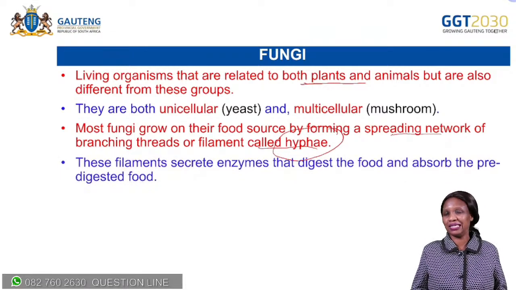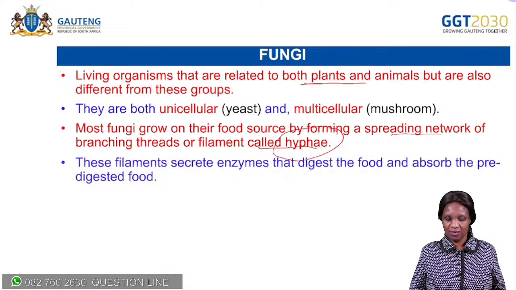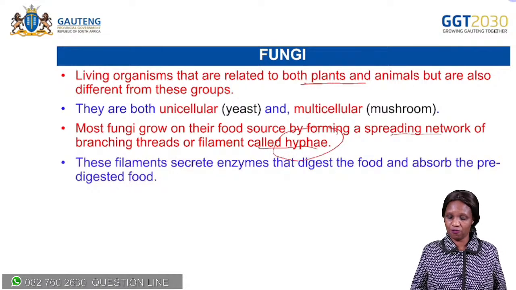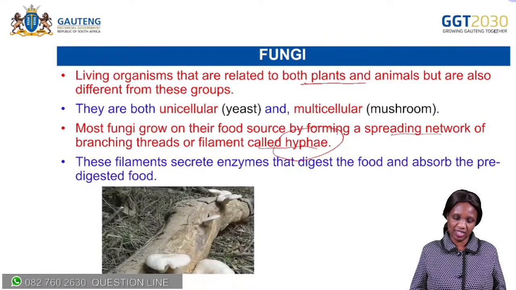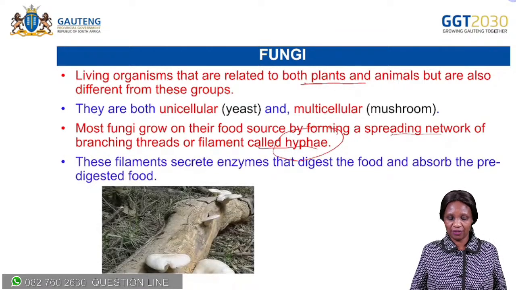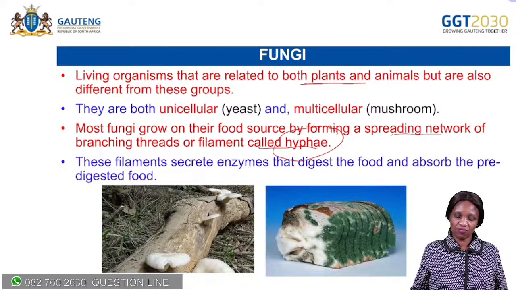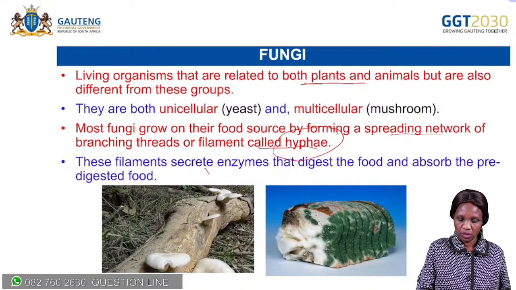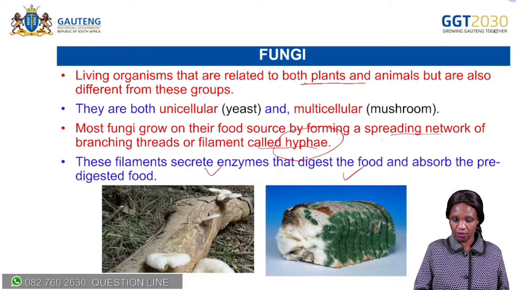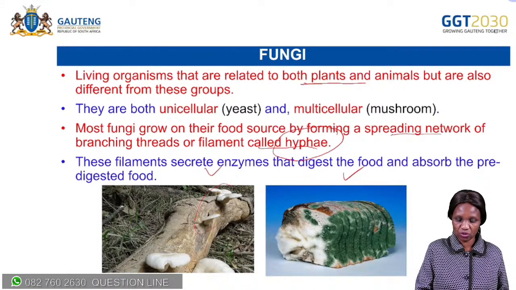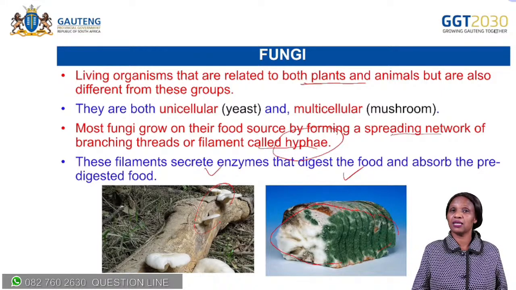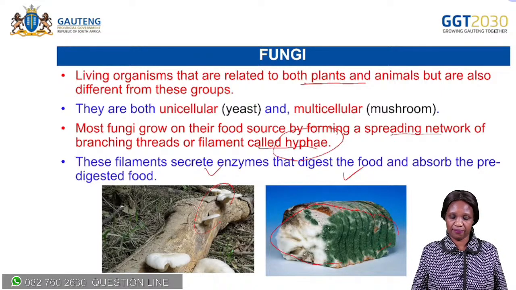These filaments secrete enzymes that digest the food, and they absorb the pre-digested food. In the chart, these are the mushrooms, and this is the mold that is attacking the bread.